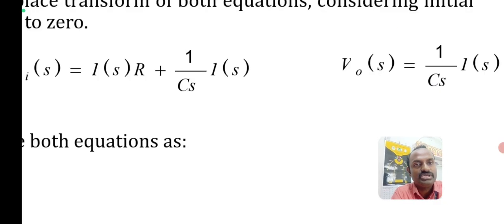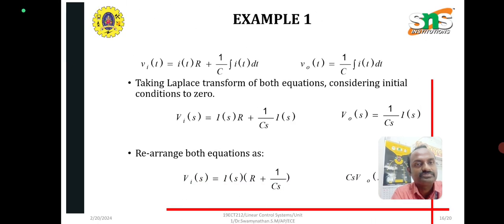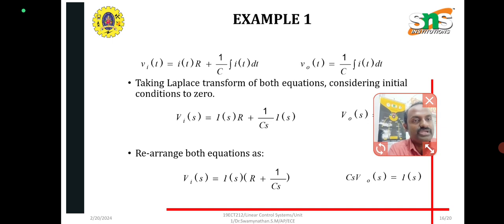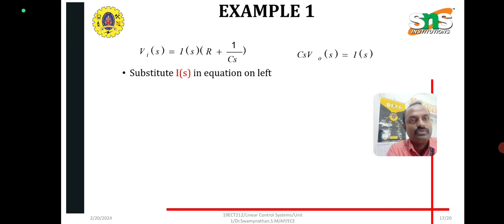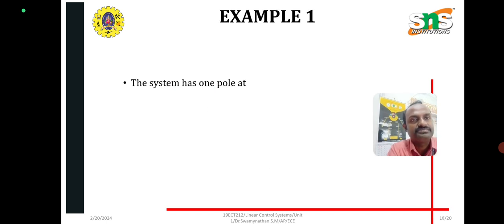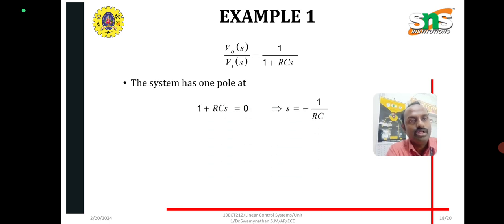Rearranging both equations and substituting I of s, V naught of s divided by Vi of s is equal to 1 by 1 plus RCs. So the system has one pole.